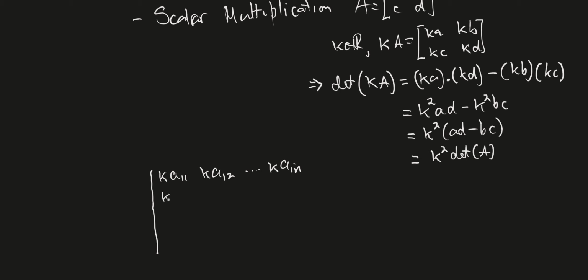And then we're going to have K A21, K A22, dot dot dot K A2n, and all the way down we're going to have K An1, K An2, dot dot dot K Ann.